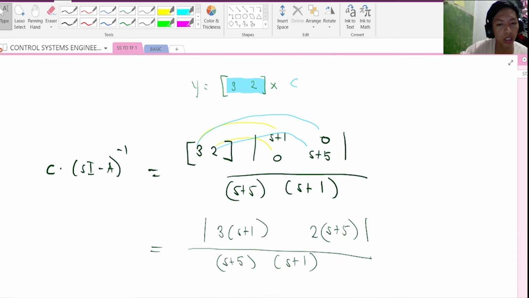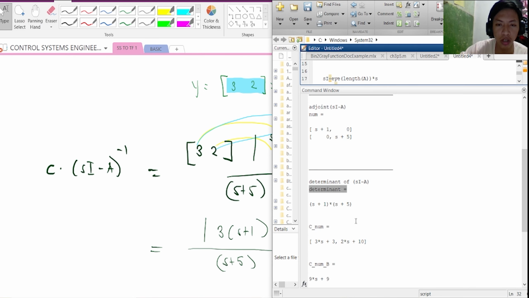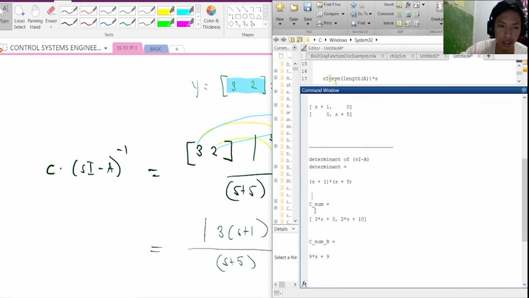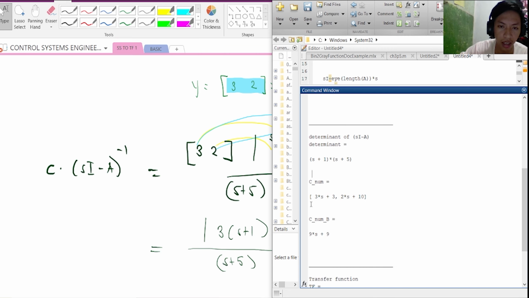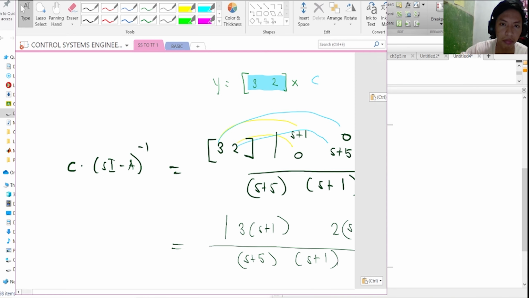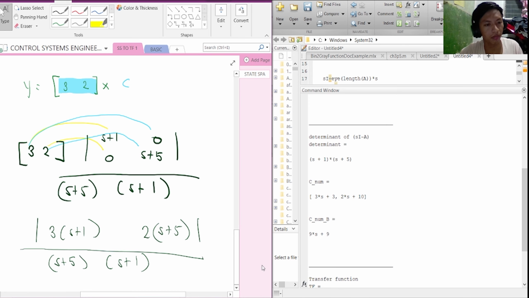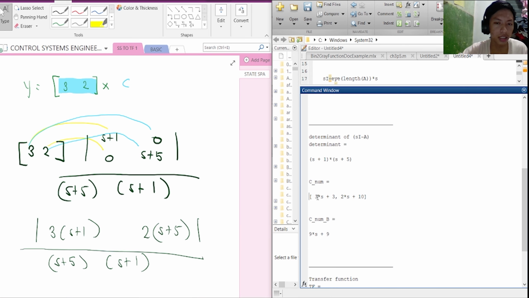Again, we're also going to use the MATLAB code to verify. So that means C multiplied by our numerator. It would be 3s plus 1, and MATLAB already distributed it, but it's just the same. Again, this is just the numerator.